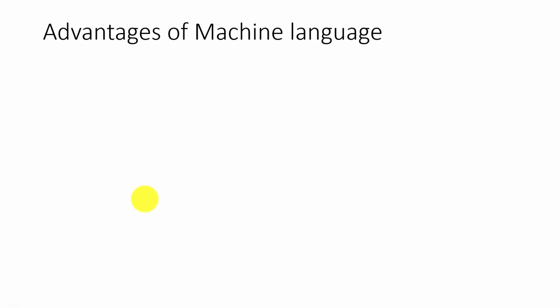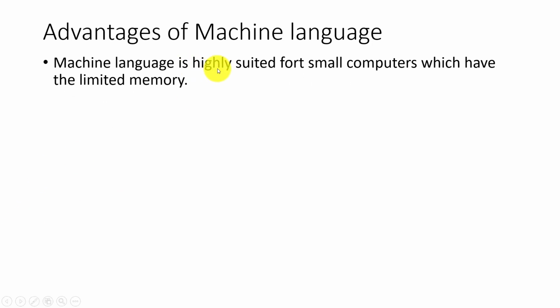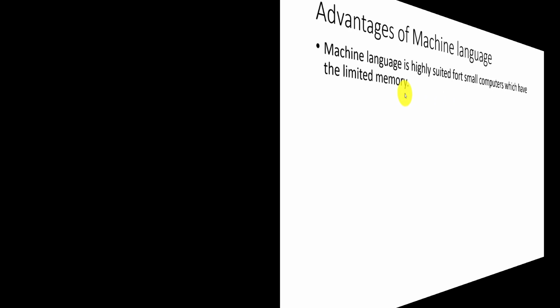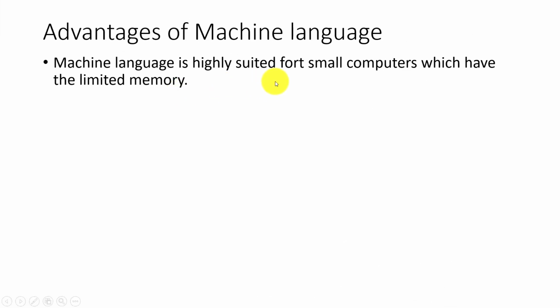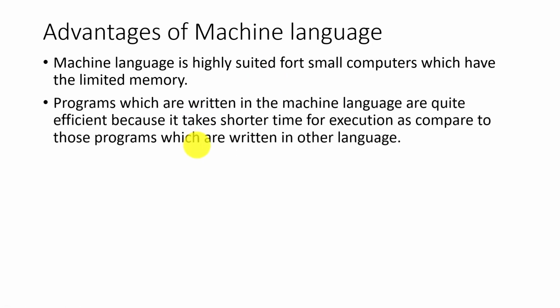So this is the example of machine language. Let's understand the advantages of machine language. The first advantage is that it is highly suitable for small computers, because small computers have very limited memory. The second advantage is that programs written in machine code are quite efficient because they take shorter time to execute.